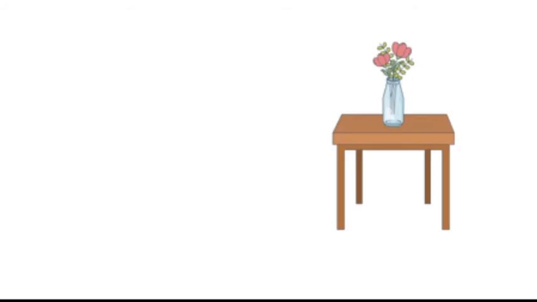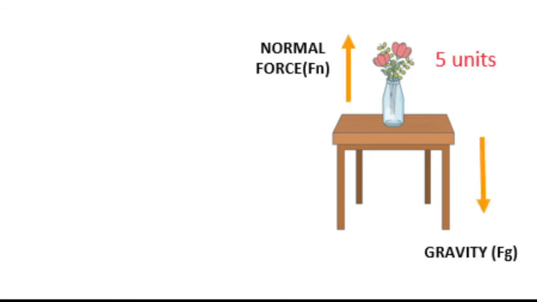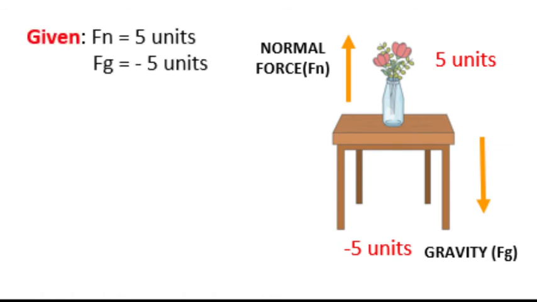Let us go back again to the vase on top of the table. The vase stays at rest because it has a normal force of 5 units and a gravitational force of 5 units as well. Using the GRESA method, let us find out what will be the net force of the vase. Given: normal force is equal to 5 units. Gravitational force is equal to negative 5 units.